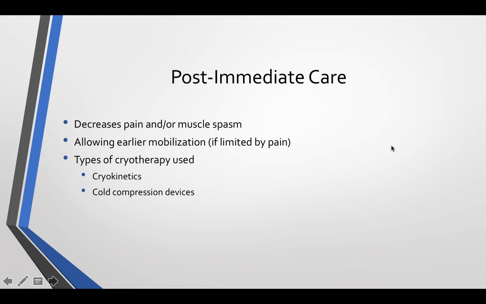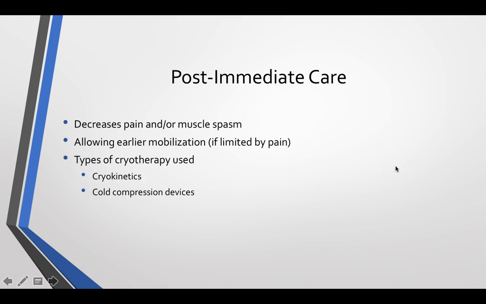So post-immediate care, our goal switches from all of that decreasing the cellular activity and preventing secondary cell death to now an adjunct to facilitate rehabilitation. In that we want to decrease pain and or muscle spasms. The idea being that if we decrease the pain or decrease the muscle spasms, they're more likely to be able to participate in rehabilitation and do things like that.